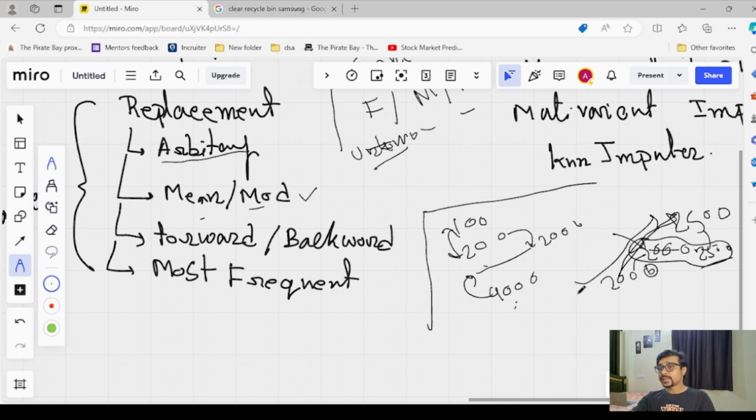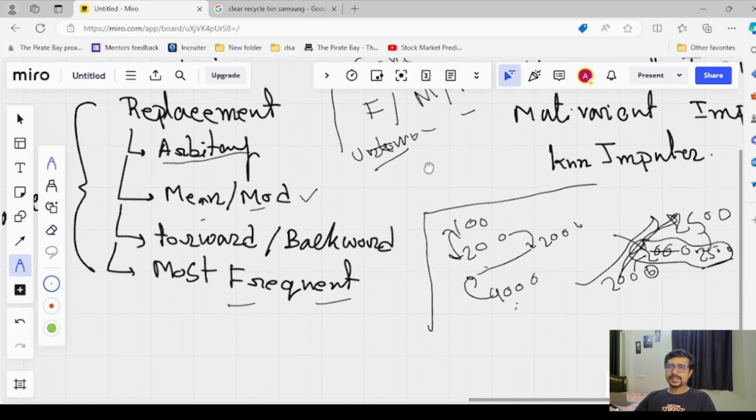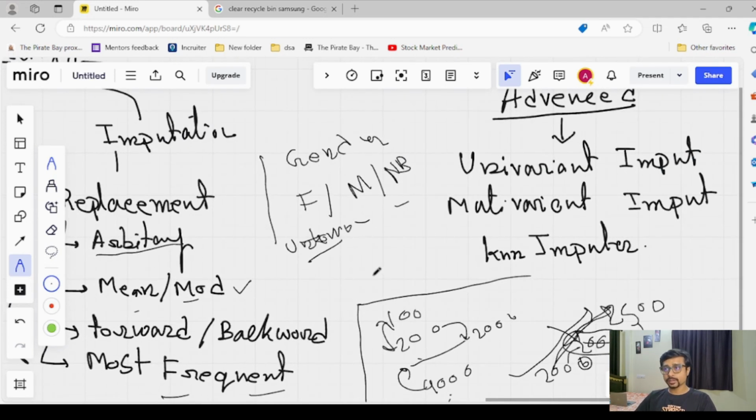Again, the next one is most frequent. Most frequent is used in most cases for categorical data, and sometimes I can go for numerical also. Most frequent means, rather than marking it unknown, if I see most of them are female, just go ahead with female and replace the blank data with female.